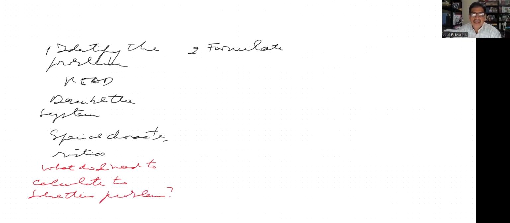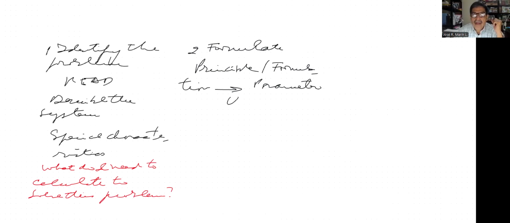In this case, if you know what you need to calculate, then you start thinking, okay, what principle or what formulation will take me to this parameter that I need to answer.